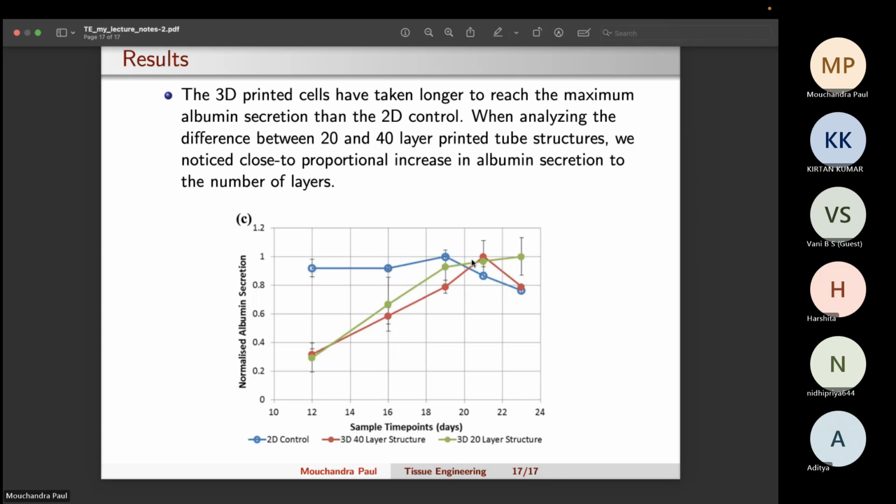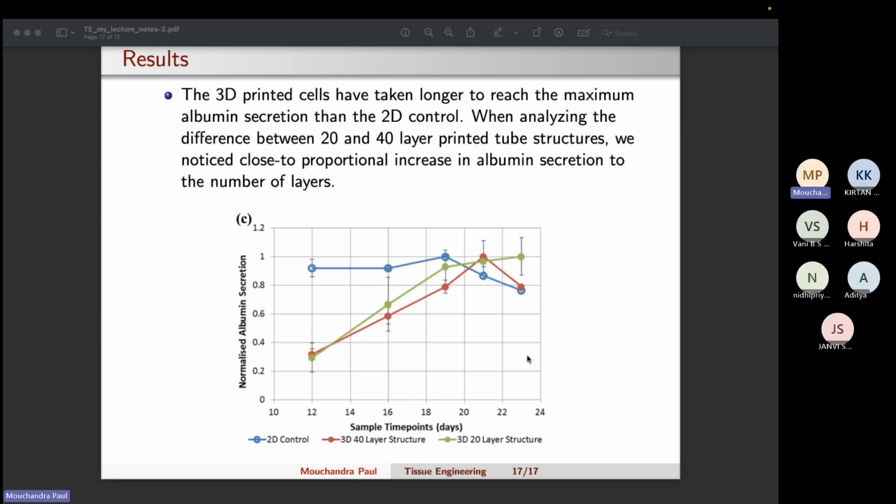So what does this help you understand? It helps you understand that the cells are culturing much faster, or you can say the differentiation process is faster in 2D than in 3D. It is actually true.